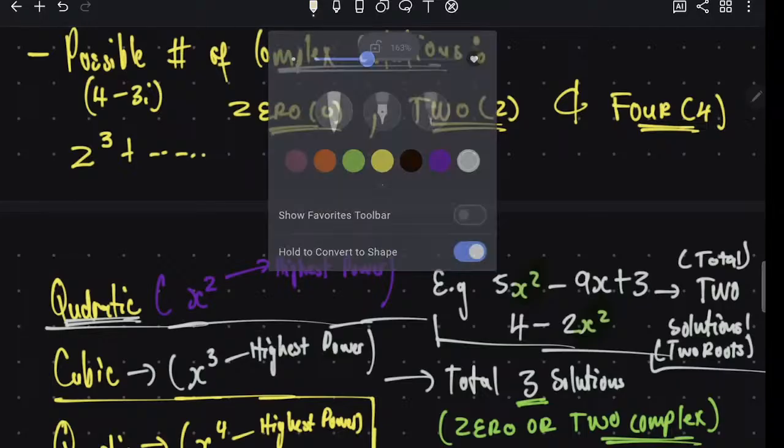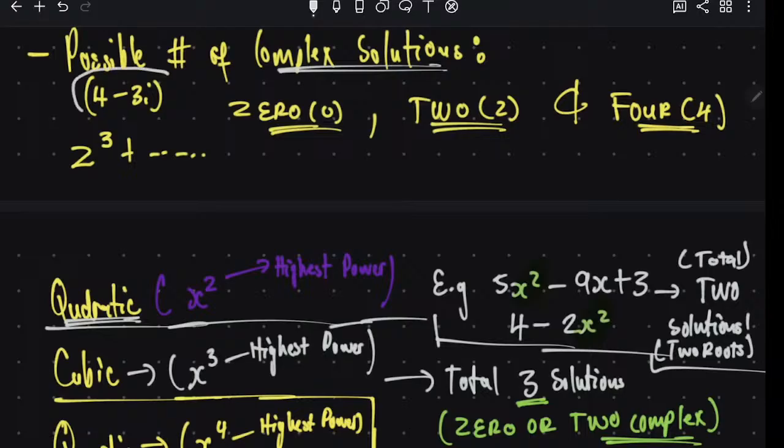You know that you can't have one solution, because that means this is only one complex solution. You know that for complex I can have 0 or 2 or 4. So in this cubic I can have either 0 or 2. I can't have 1.